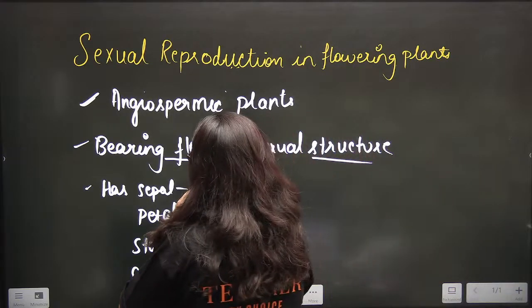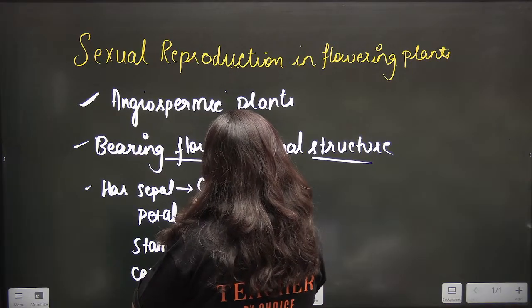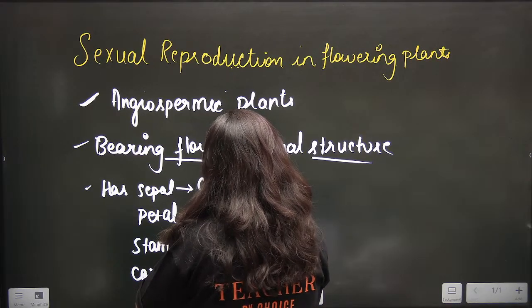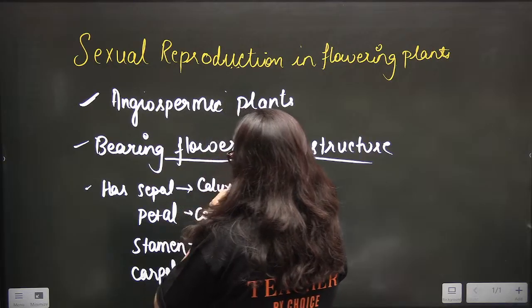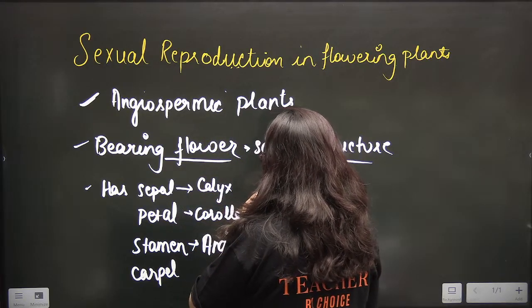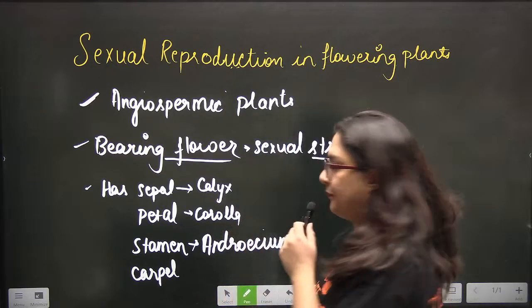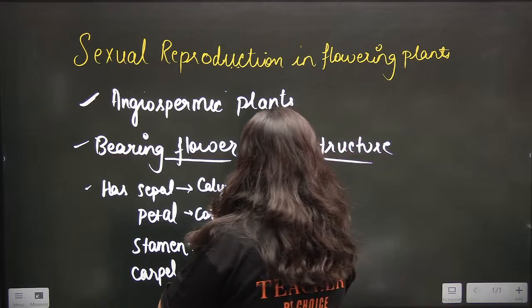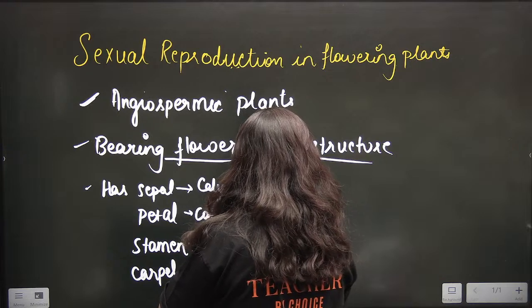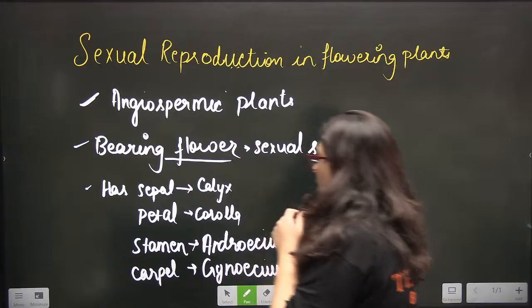Like the whorl of sepals is called calyx. The whorl of petals is called corolla. The whorl of stamens is androecium, and the whorl of carpels is gynoecium.